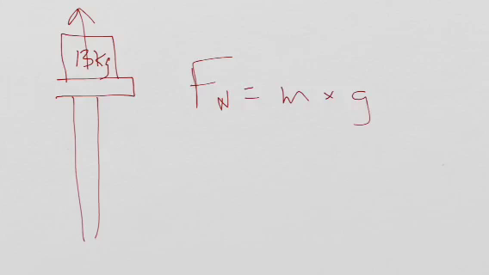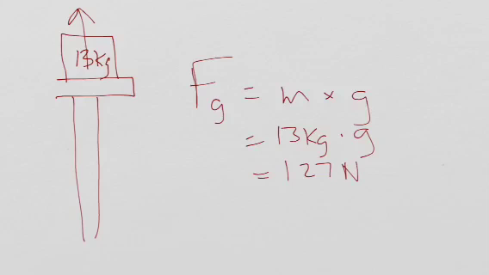If we look at the example on page 9, it actually gets you to solve for Fg, and then it changes the direction. So if we want to solve for Fg, this is our formula. We get our 13 kilograms times g, which is 9.8 meters per second squared, which gives us 127 newtons of force downward, right?